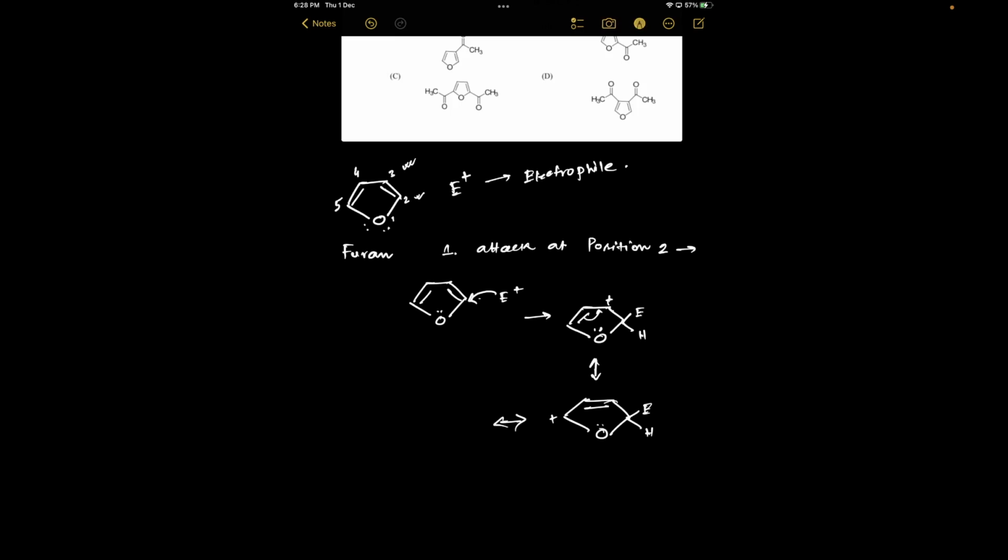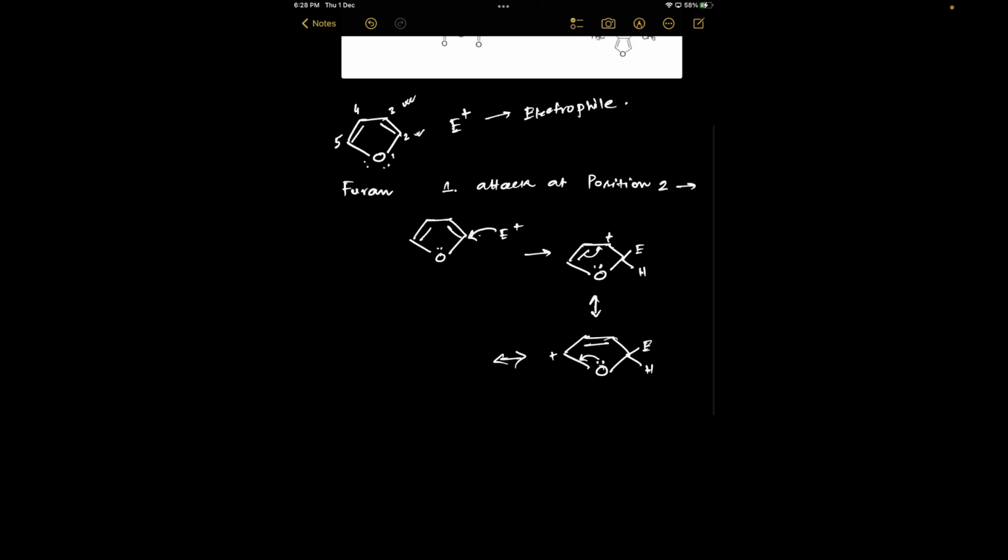Then from this structure the lone pair of the oxygen can donate its electrons to this positive charge and form a pi bond, so another structure is possible.